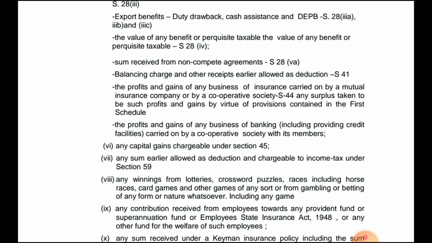Now, due to the rules or due to verification or auditing, those things should be disallowed. So the disallowed things are treated again as income. This is said as per section 59.